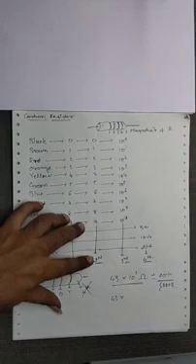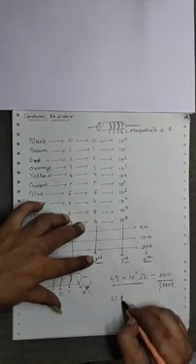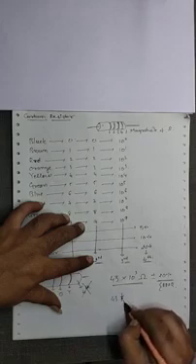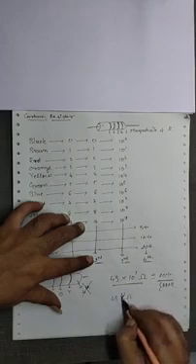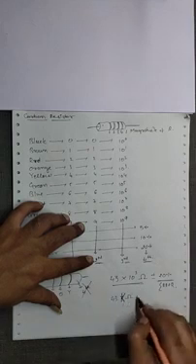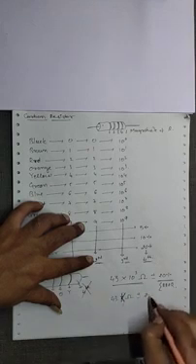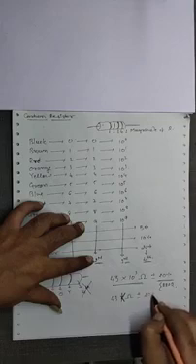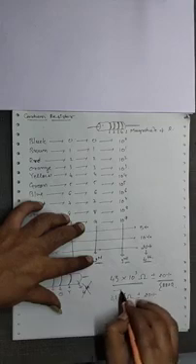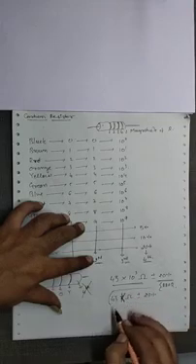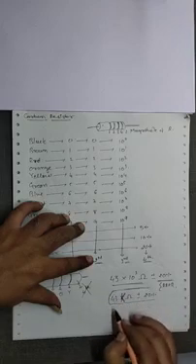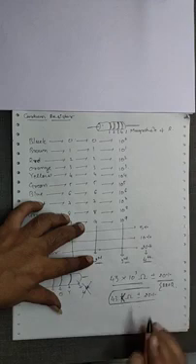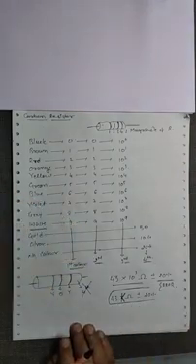Do you know what is 10⁻3? It is kilo. So you can write 43 kilo ohm plus or minus 20% error. This way you can find the value of a carbon resistor. It is very easy.